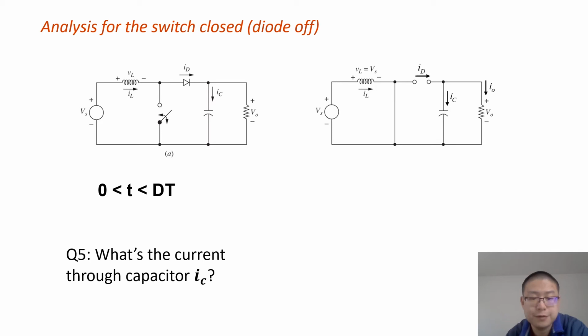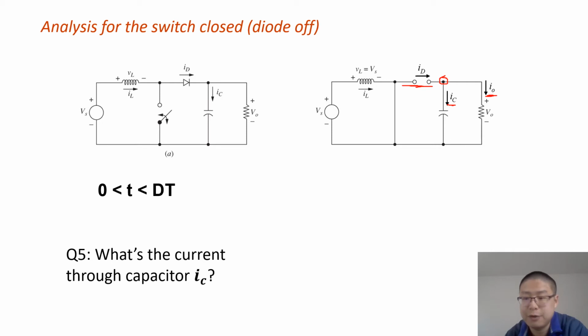Question 5 is what's the current through the capacitor, and you can apply KCL on this node. So give you 5 seconds to write down the answer. So applying KCL on this node, because ID equals 0, so IC equals IO.